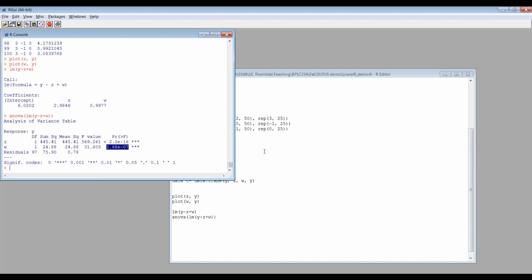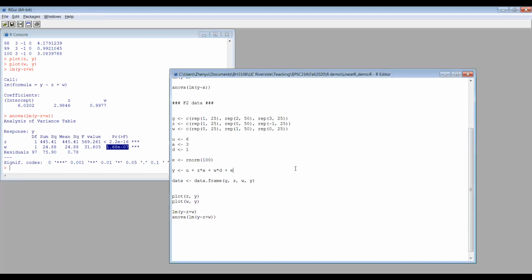This means this locus is associated with the phenotype, and both the additive effect and the dominant effect exist to affect the association between this locus and the phenotype. Is that clear? Okay, I hope this is clear.